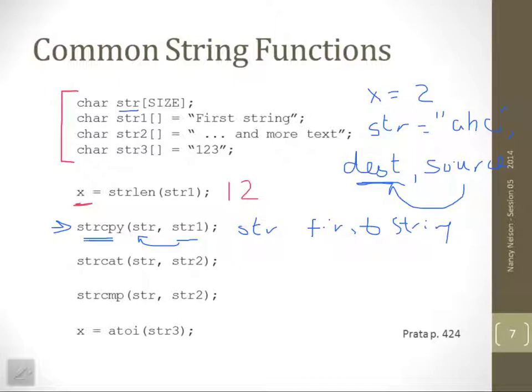Now let's look at the third one. This one is string concatenate. CAT stands for concatenate, and concatenate means tack on the end. So our destination is str. String 2 means we're going to tack string 2, which says ... and more text, onto the end of str.